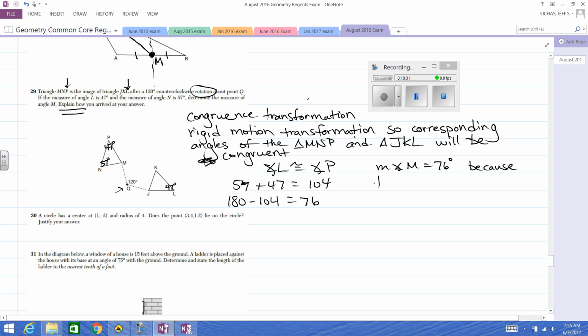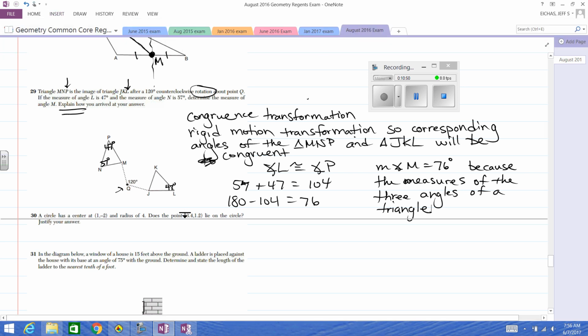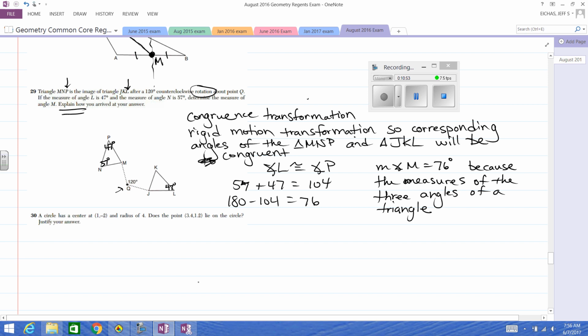And you're basically saying because the measures of the three angles of a triangle must add to 180, there is 76 degrees left for the measure of angle M. That's not the greatest explanation in the world, but that'll do it.